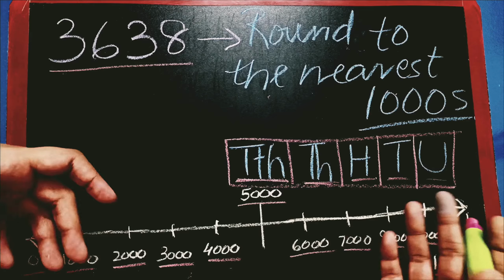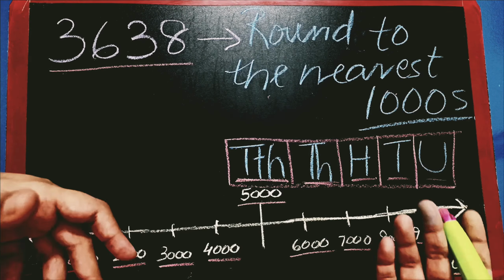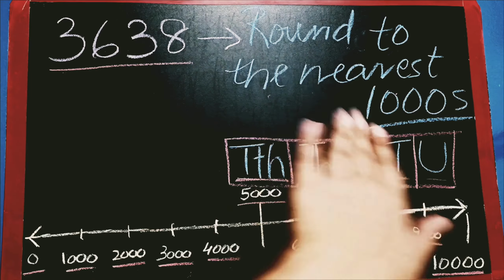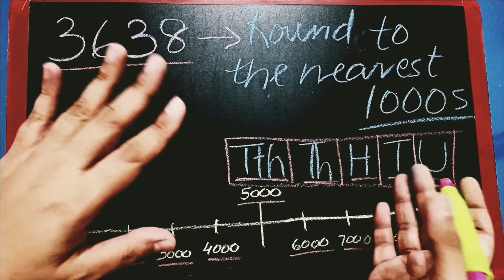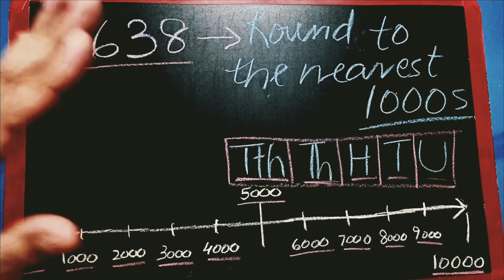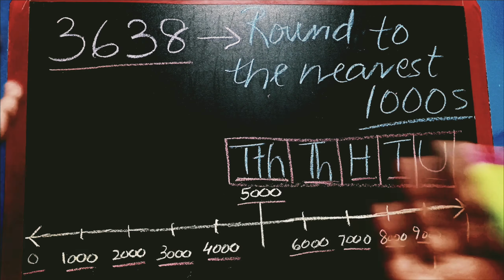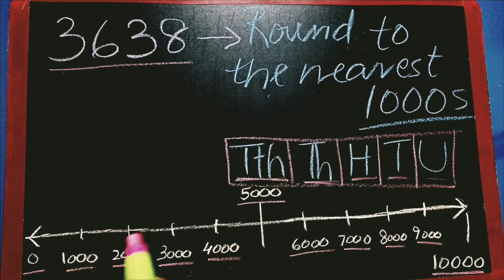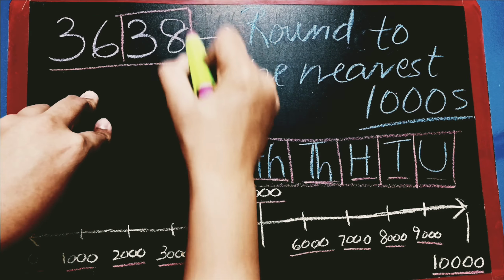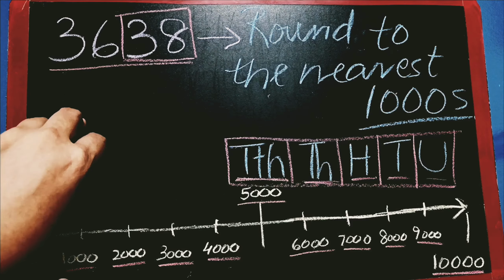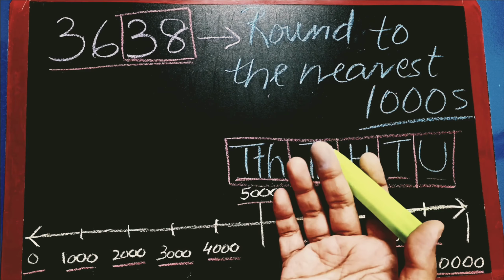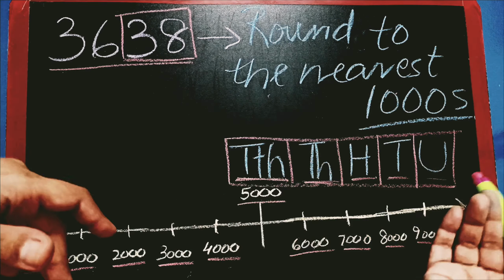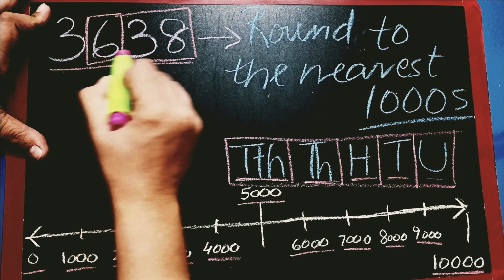Now how will we round this figure in thousands? As we have already done, when we rounded this figure into tens, we took 2 digits. Then when we rounded this figure into hundreds, we took 3 digits.